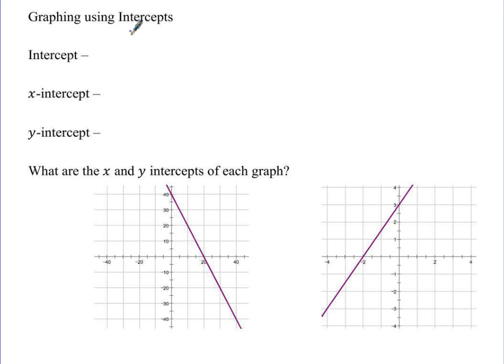We already know what the y-intercept is. What's the y-intercept? Where the graph crosses the y-axis, that's right. There is such a thing, though, as the x-intercept also. What would that be? Where the graph crosses the x-axis, yeah. So an intercept is just where the graph crosses an axis.